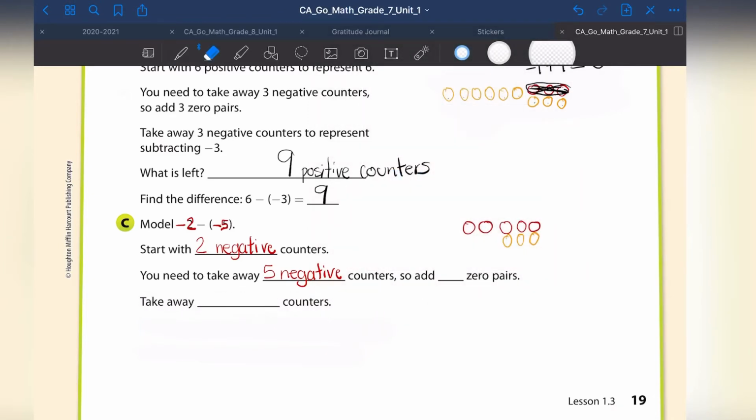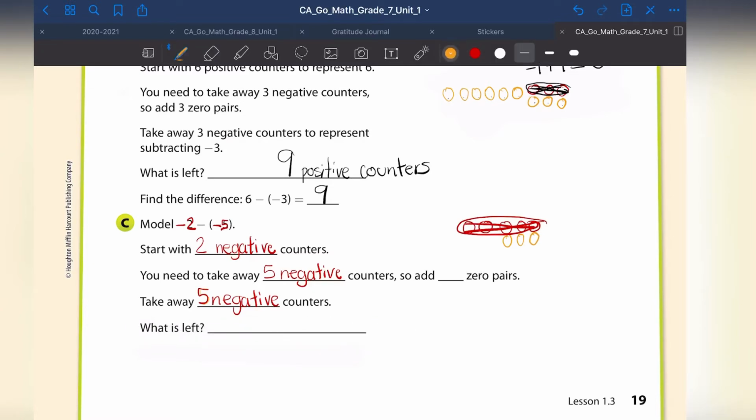Okay, so now I take away the 5 negative counters. So I get rid of them. What is left? 3 positive counters.